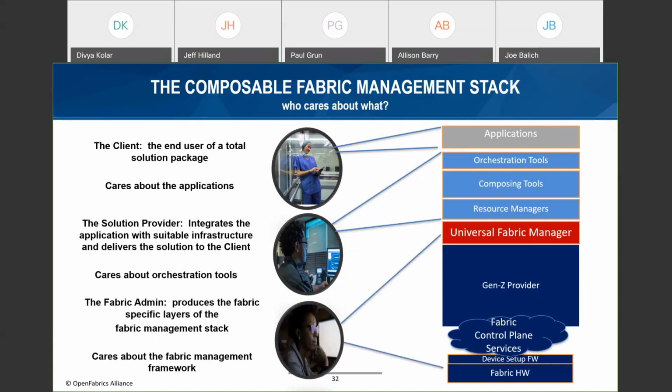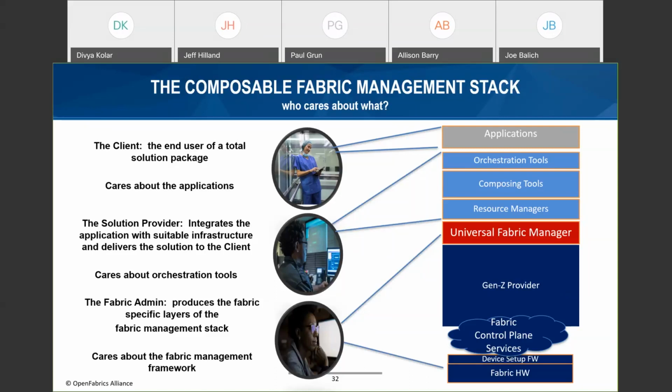So now we have a fabric admin in their view, which is all about the interface of their fabric manager stack over here on the lower right with the upper layer tools through that framework in red. The implementation of the fabric specific controls that realize the functionality offered by the northbound interface is what the fabric admin wants to concentrate on.